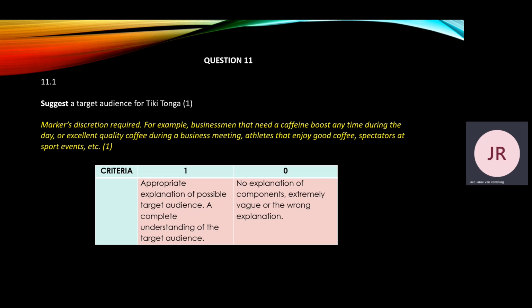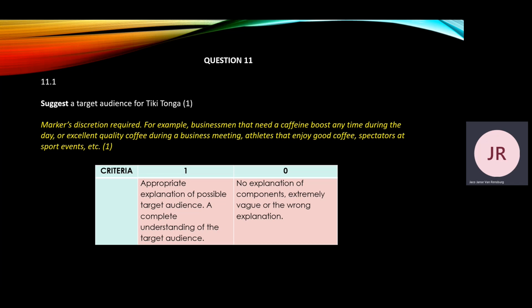Right, the question specifically to the case study: suggest a target audience for Tiki Tonga. Now, here, the answers that I got were more along the lines of athletes and sports people. Now, you know what? Their business, although they have a presence at sports stadiums, is not just coffee specifically for sports people.